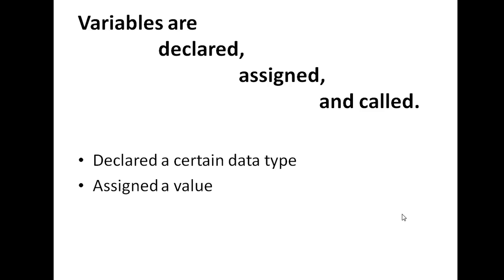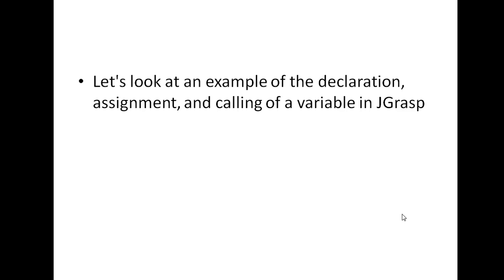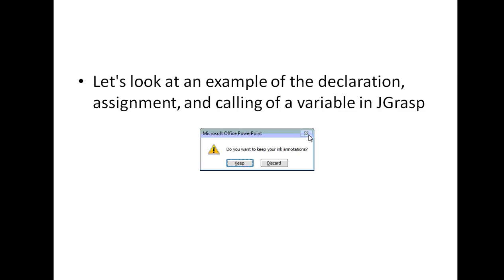It's going to be assigned a value based on that data type, and it's going to be called, meaning the use of its value is requested. We're going to look at an example of a declaration, an assignment, and a calling of a variable in jGRASP. This will be just a quick example, and then in the next class we'll get into this more extensively.